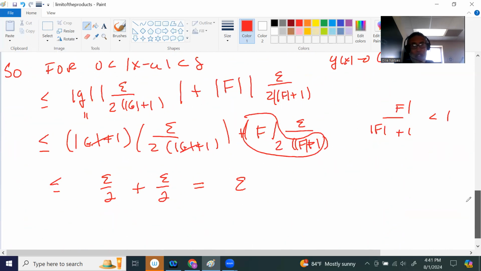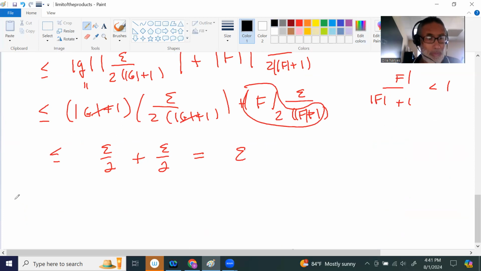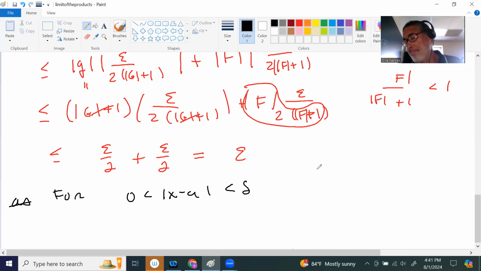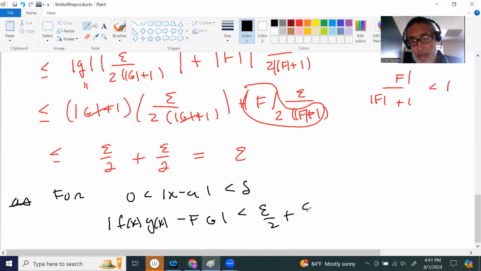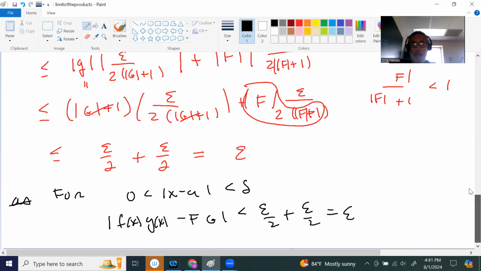So the conclusion is, for x less than delta, which remember is less than or equal to the delta 1 and the delta 2, the delta 1 used for the G and the delta 2 used for the F, we see that this is less than epsilon, which is what we needed to show by the delta epsilon proof.